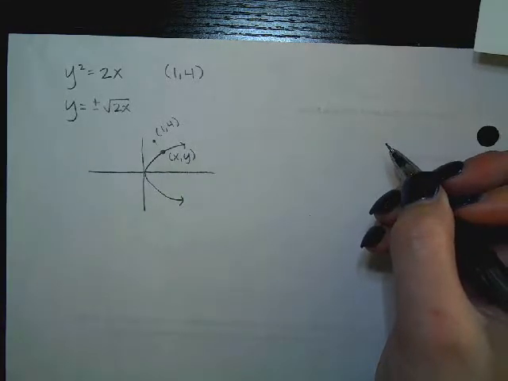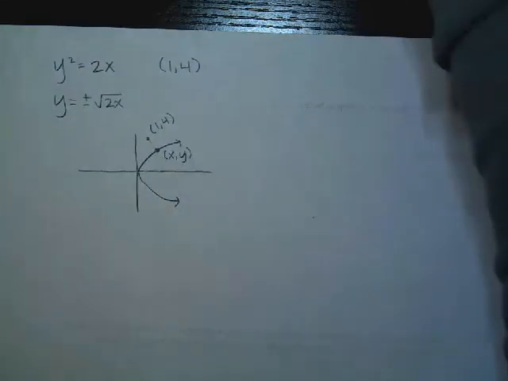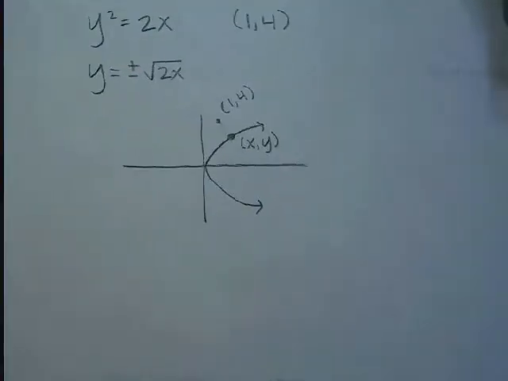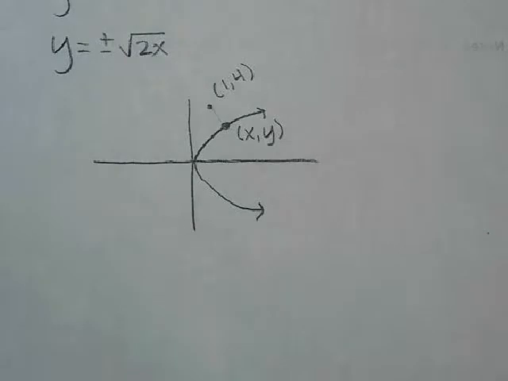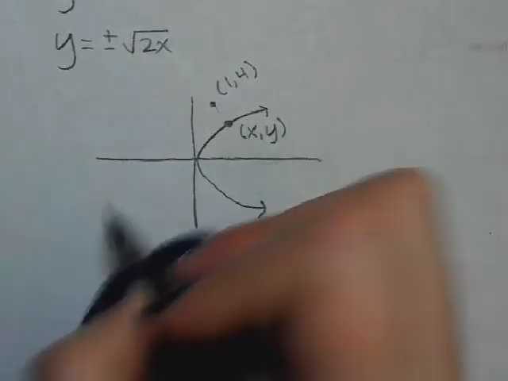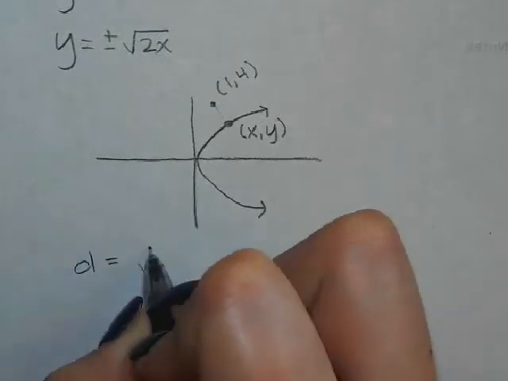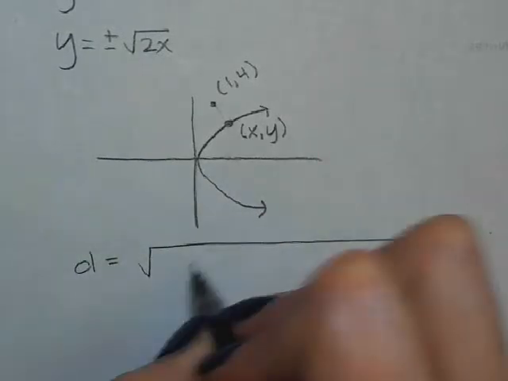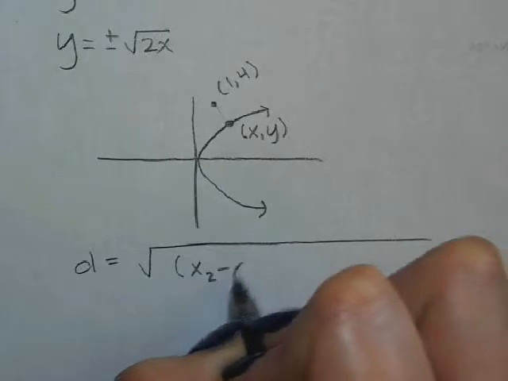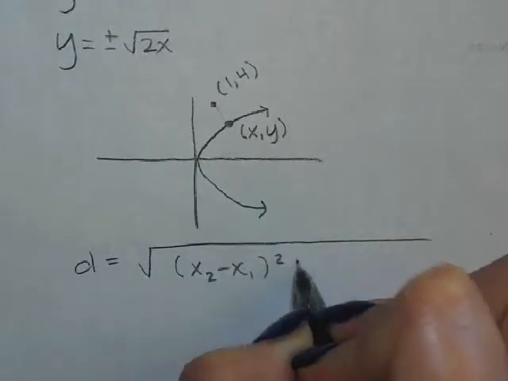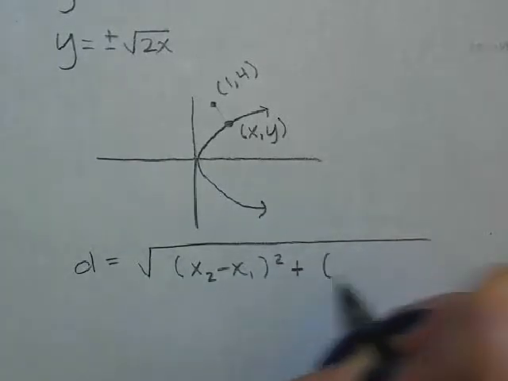Are we okay with that? I'm okay with that. What formula do we use to find the distance between points? Distance formula, which is the square root of x2 minus x1 squared plus y2 minus y1 squared.